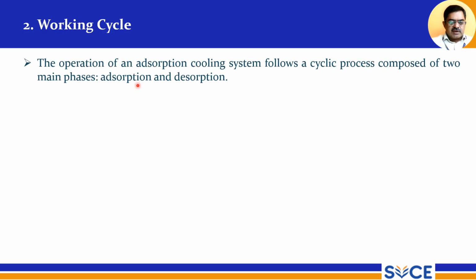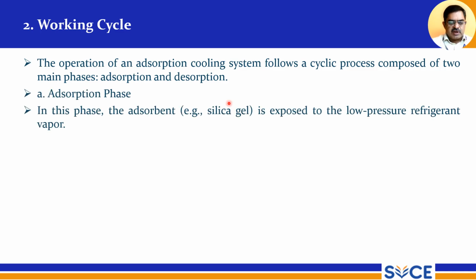Now the working cycle. The operation of an adsorption cooling system follows a cyclic process composed of two main phases, that is adsorption and desorption. The first one is the adsorption phase. In this phase, the adsorbent, that is silica gel, is exposed to the low pressure refrigerant vapor.